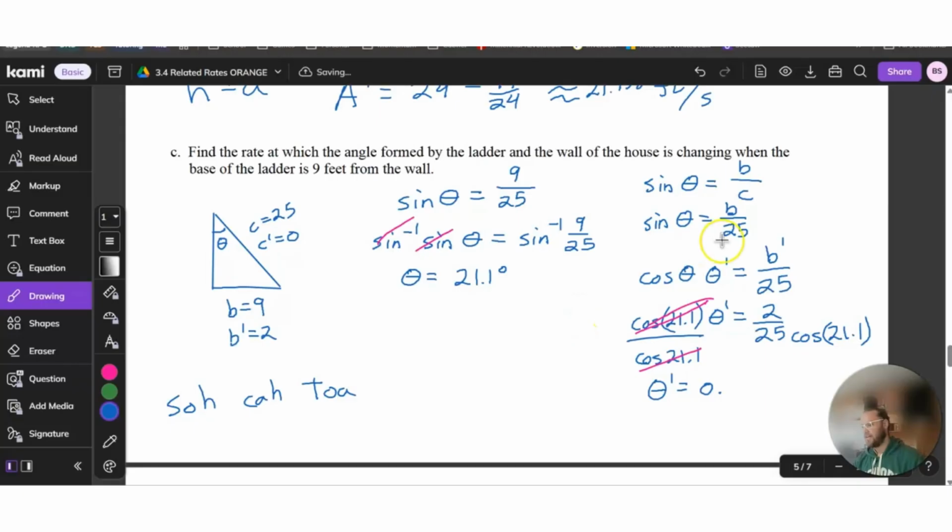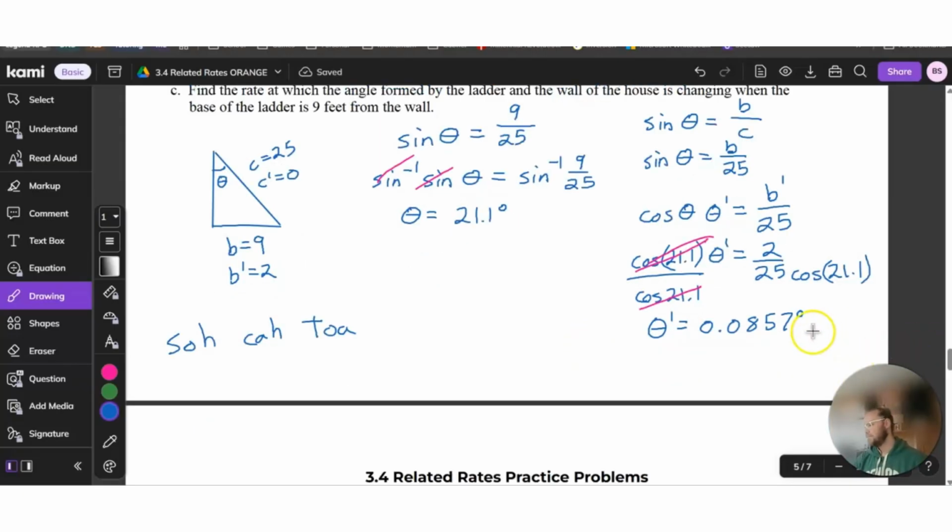It's also lagging again. There we go. Almost. 0, 8, 5, 7. It's because you multiplied by it instead of dividing. Degrees per what? Degrees per second. Oh, that's painful, hey?